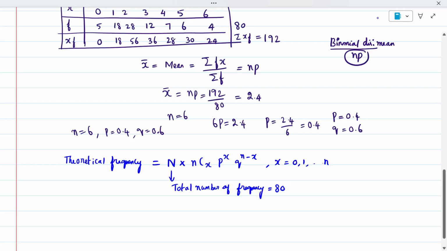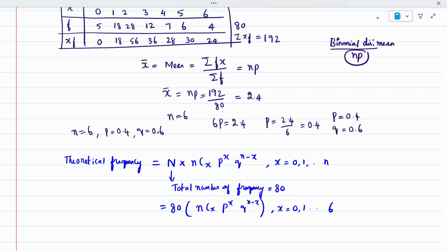So it is 80 into nCx p power x q power n minus x. I put x equal to 0, 1, 2, etc. n is given to be 6.